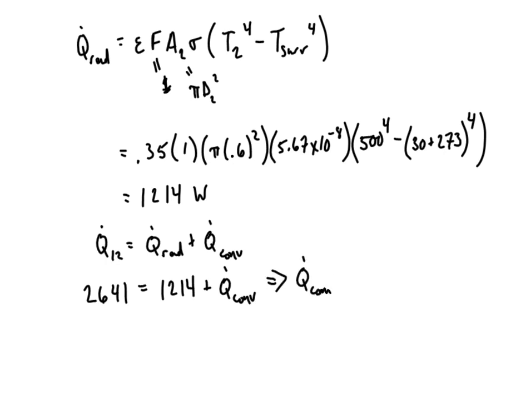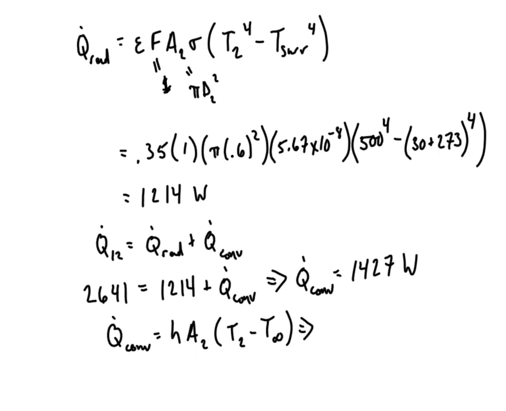Q dot convection is therefore equal to 1427 watts. Right? Then we can go ahead and turn to Newton's law of cooling that says Q dot due to convection is equal to h times the surface area, A2, times the temperature difference, which is T2 minus T infinity.